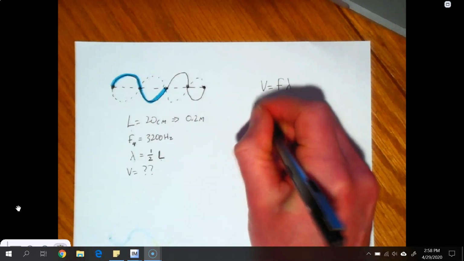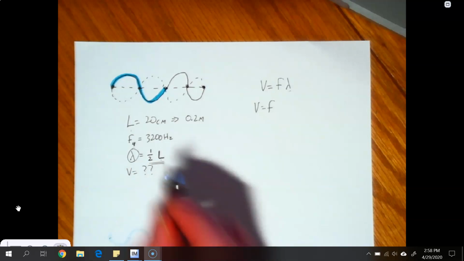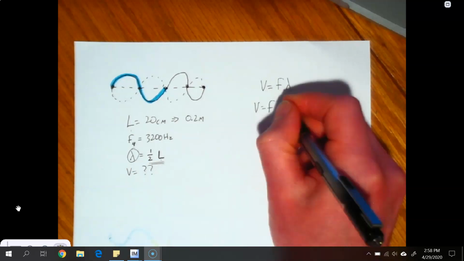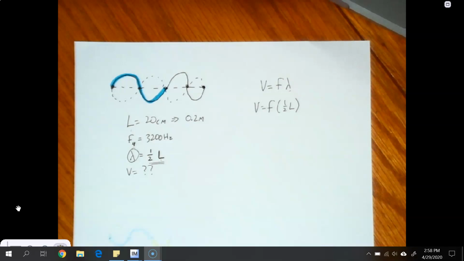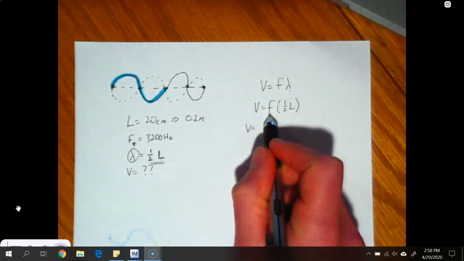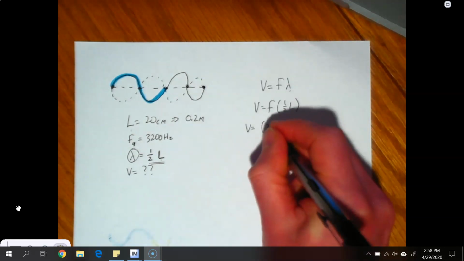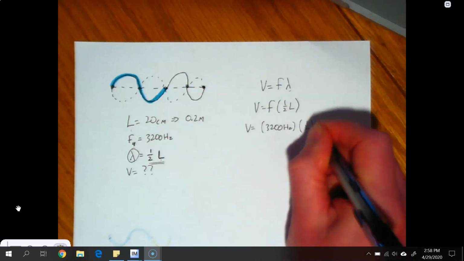So what I can do is go one line down and say, well, instead of writing lambda, I'm going to write what lambda is equal to. I'm going to write 1/2 times L. And now I can look at this and say, okay, I'm looking for V. Do I know what F is? Yeah, I do. And then I've got my 1/2 here.